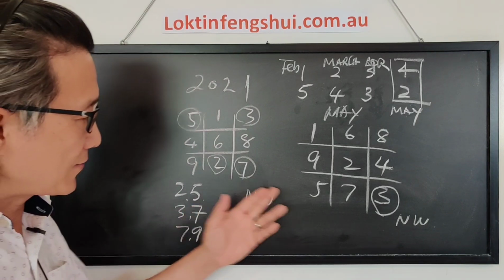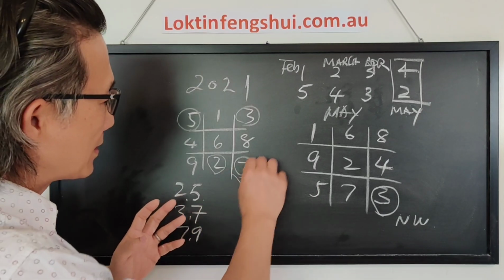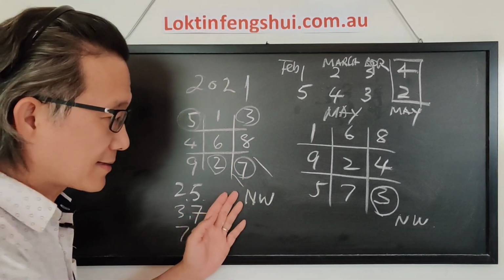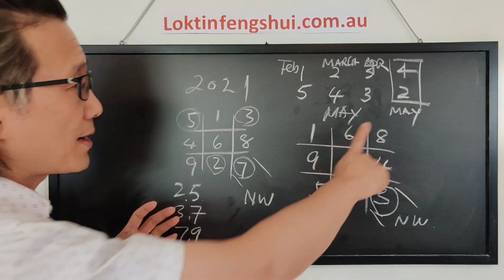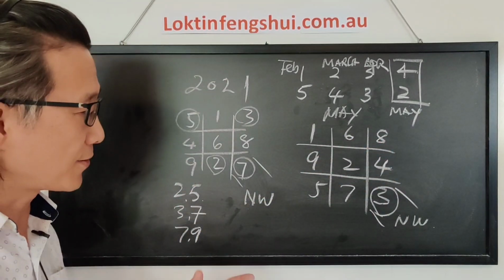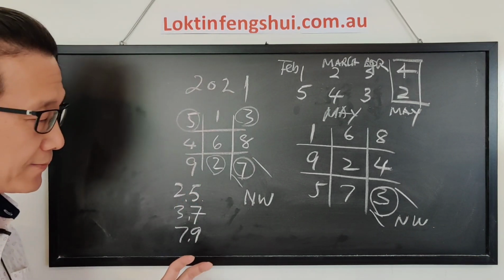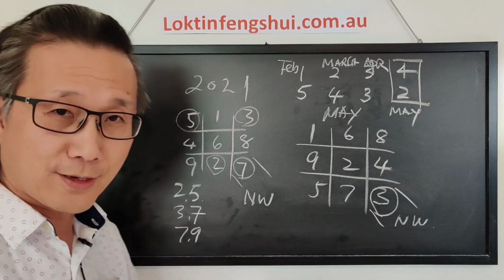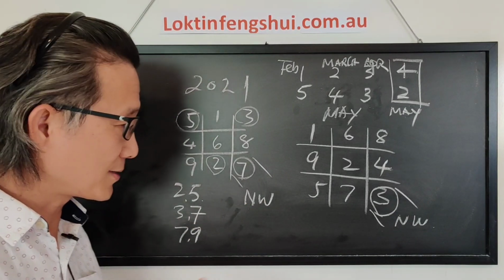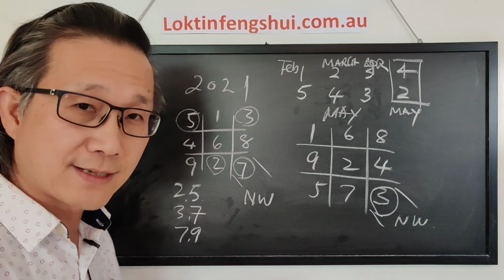So if you have a door in the northwest sector, then in May you have to be very careful, as there may be a potential burglary. What you need to do is, when you go in and out of the door, lock the door, be careful, and do not activate the sector.